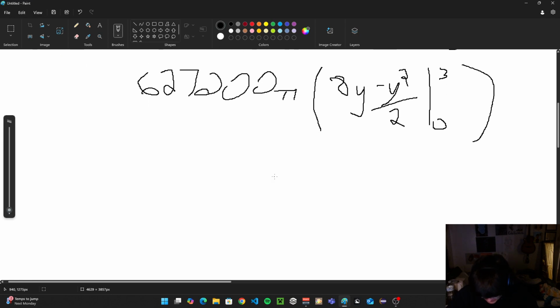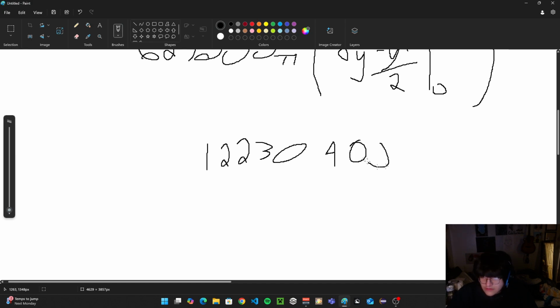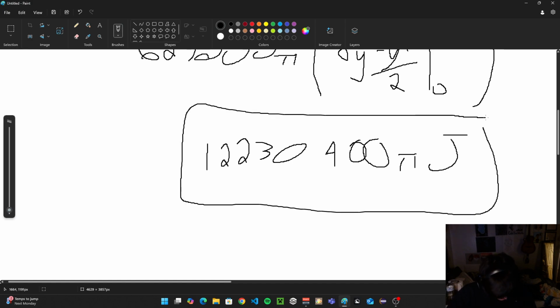When we multiply that by 627,200, we end up getting 12,230 pi joules. So this ends up being our answer. And again, if you multiply it by pi, you would get 384,229.34.79.